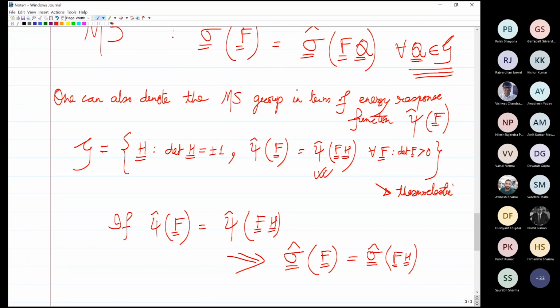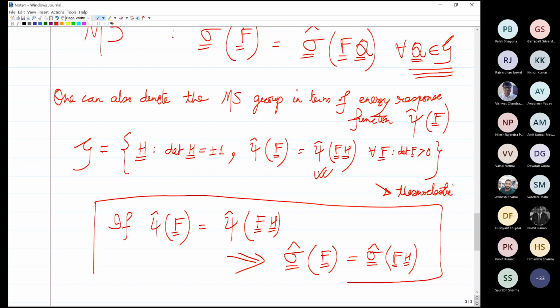Which means that the two definitions of the material symmetry group are the same. Whether you write in terms of Cauchy stress or in terms of Helmholtz free energy psi hat, the two definitions are the same. Showing that if one holds, the other one will also hold, maybe you should try to do it. I can ask you in the major exam, a probable question.